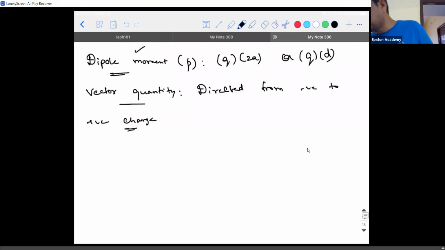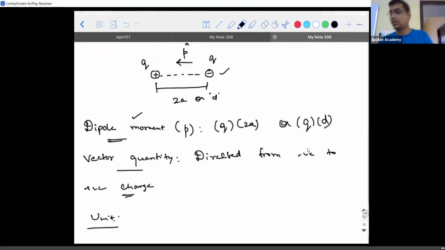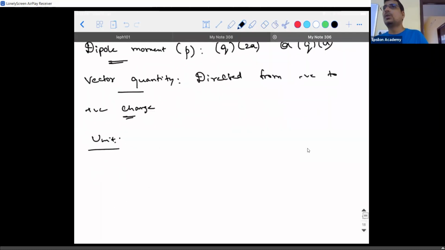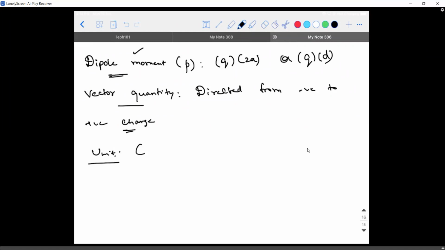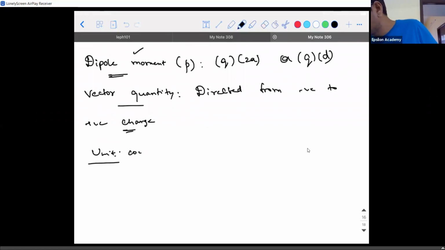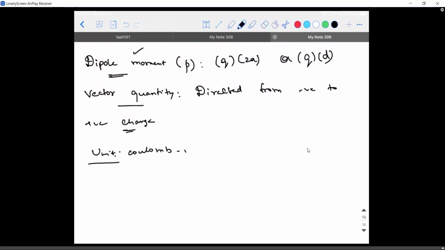Next is its unit. So if I talk about the SI unit of a dipole moment, what is it going to be? You told me it is the product of charge and distance. Charge is measured in coulomb and distance is measured in meter.